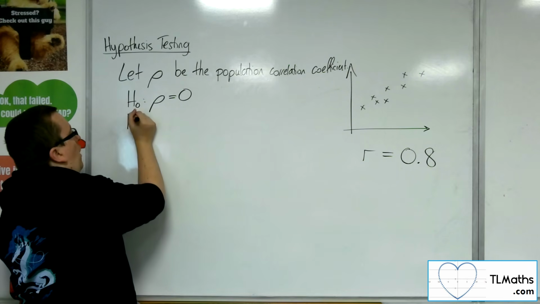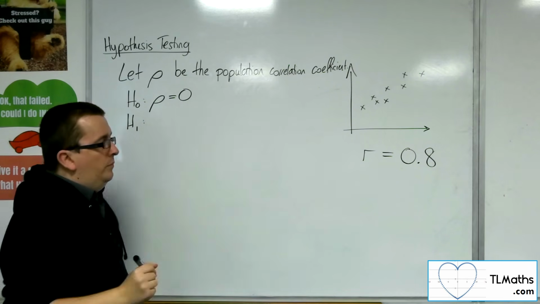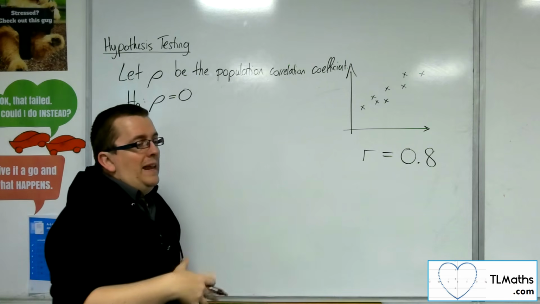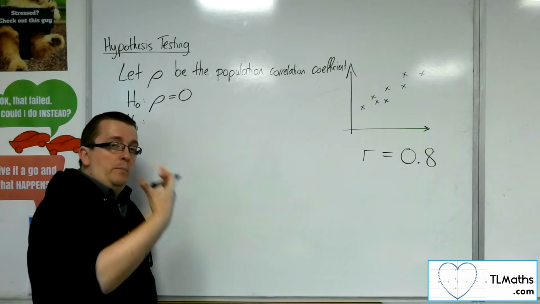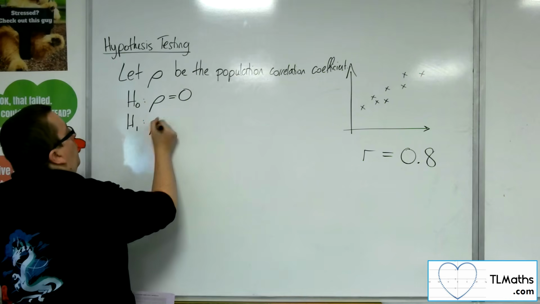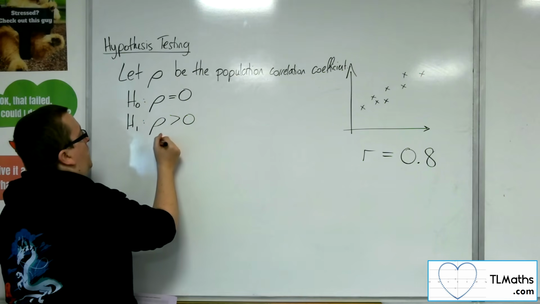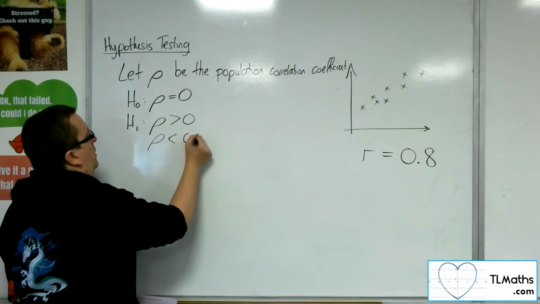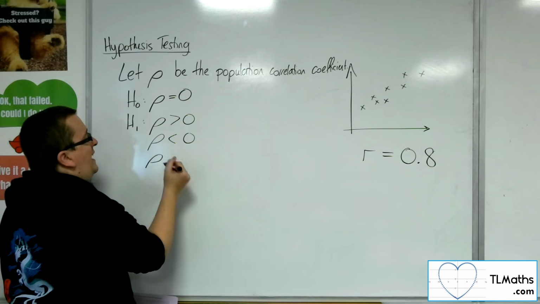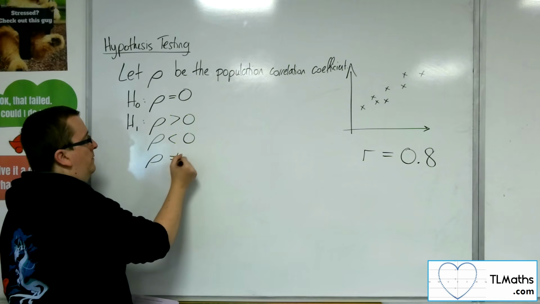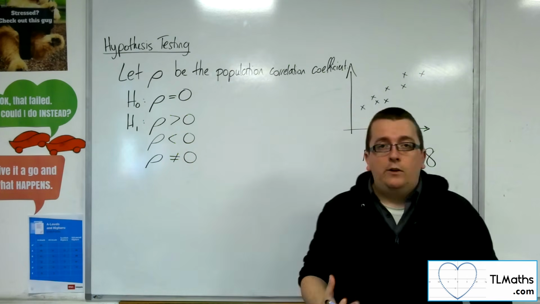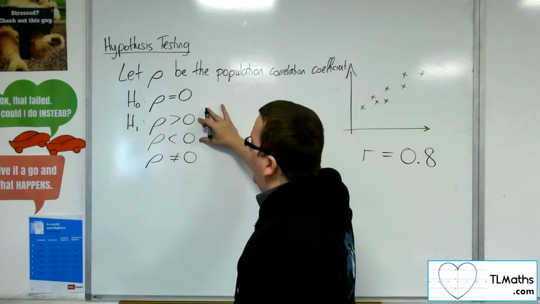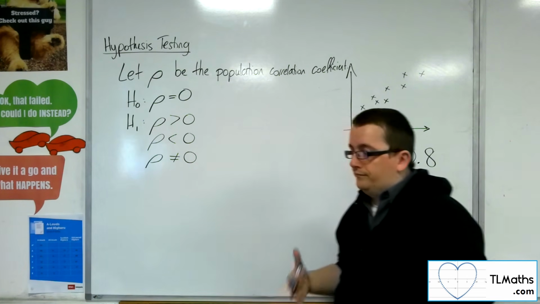Then H1 is either that we think the alternative is that there is a positive correlation, or that there is a negative correlation, or that we think there is some correlation, so rho is not equal to 0. That brings about the two-tail test. Both of the first two would be one tail, and that would be two tail.